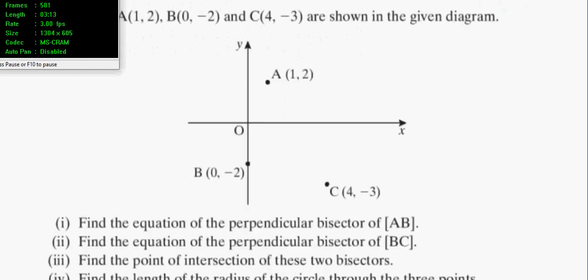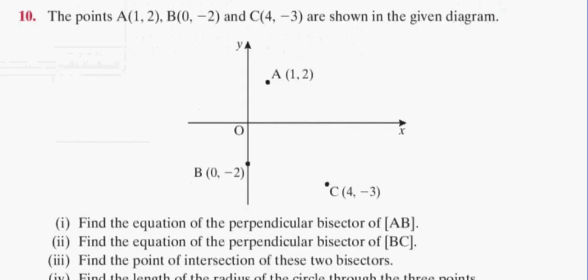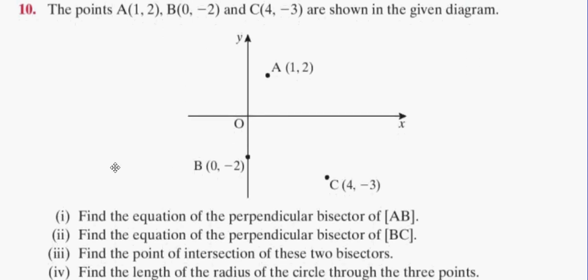This brings us on to question 10. And in question 10, what we're looking to do is it gives us what to do. What we want to do is get the perpendicular bisector of AB. So we get AB, we find its midpoint, and then we do a perpendicular bisector, like so. Then it wants us to go to BC, which we'll do in red.